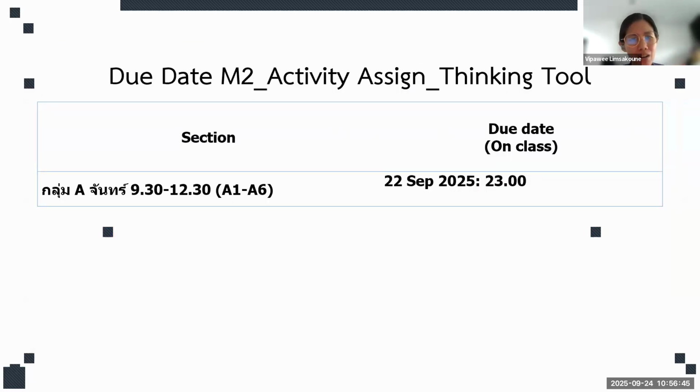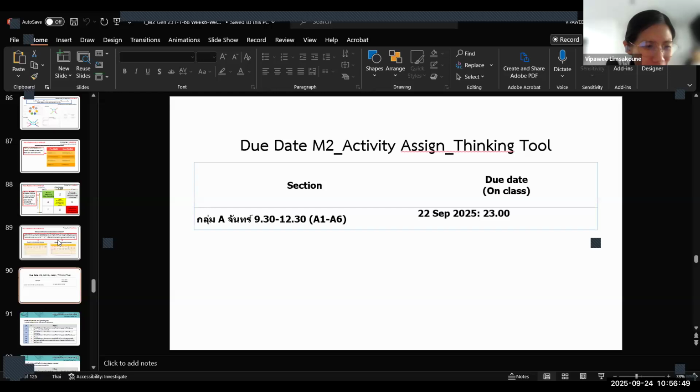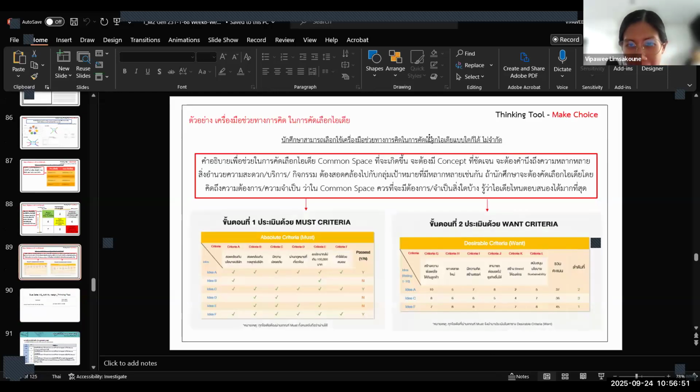The due date. Oh, wait. Not this one, not this one. This is not the right due date. Let me go back to another slide. Due date is tonight before 11 p.m. Let me show you here.